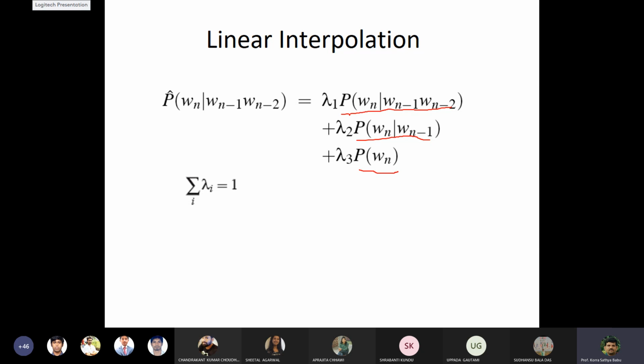But they need to be multiplied with lambda 1, lambda 2, lambda 3. One thing, these lambda values should sum to 1. The summation of lambda 1, lambda 2, lambda 3 should be 1.